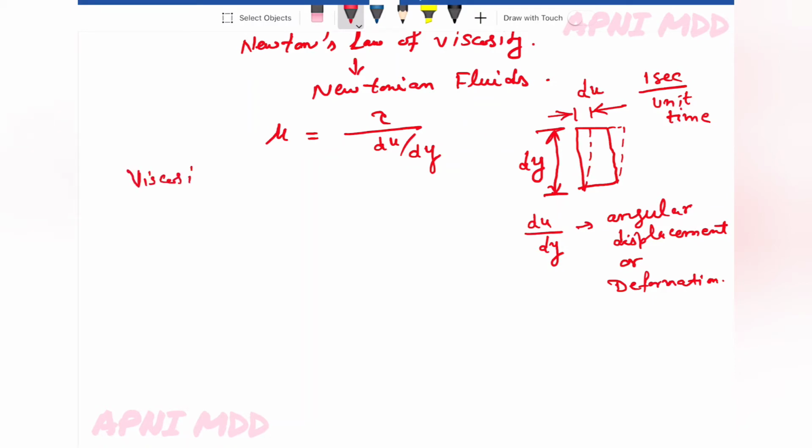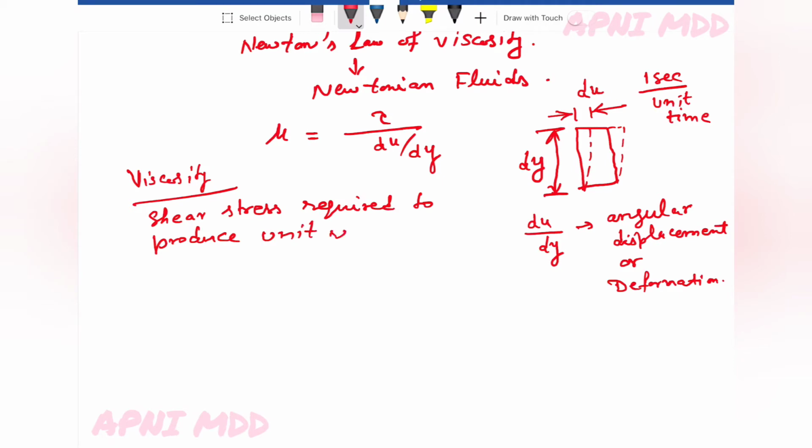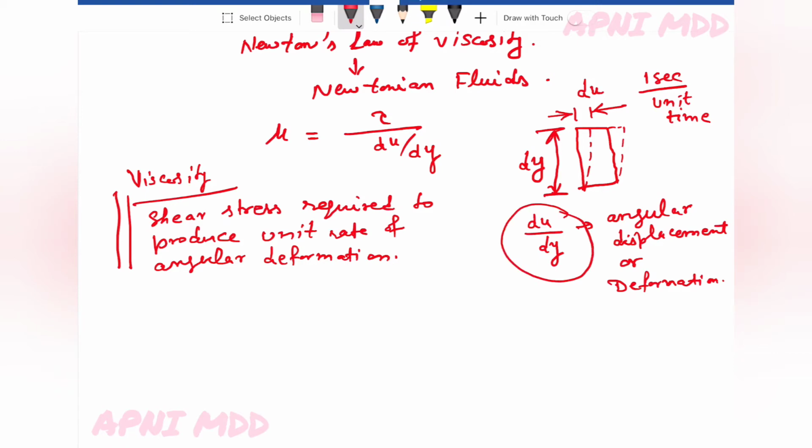Viscosity can be defined as the shear stress required to produce unit rate of angular deformation. So that is viscosity. So that is mu.